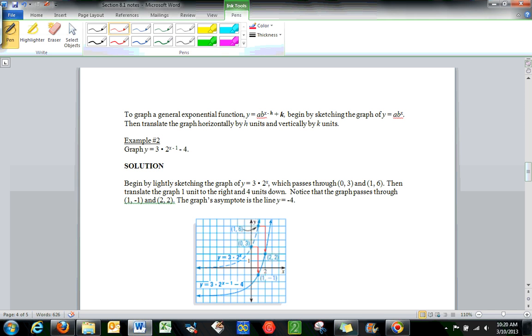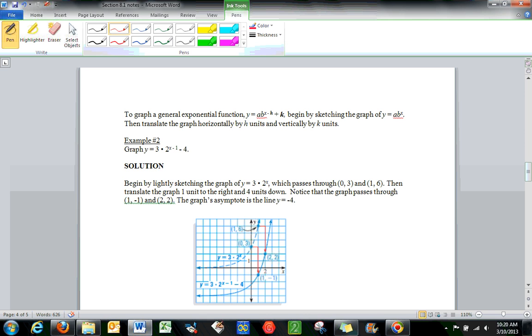Okay, in the last video we learned how to graph an exponential function, and more specifically we learned how to graph exponential growth functions where the curve moved sharply up as we went left to right.